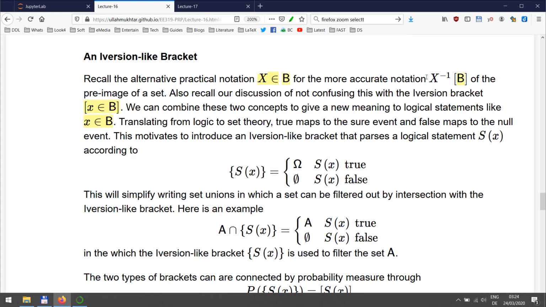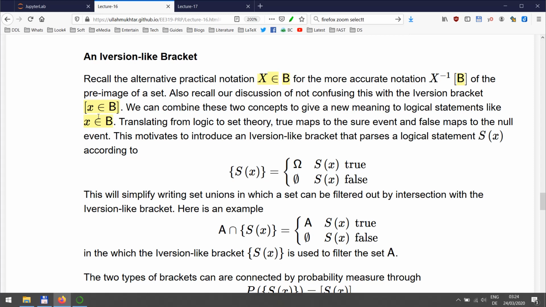And that x inverse will also give you a set. A more practical notation is actually an abuse of notation, where you simply say x belongs to B. But notice the difference. X belongs to B will give me an event when x is a random variable, but this small x belongs to B in the bracket will give me a Boolean variable, a 1 or a 0.